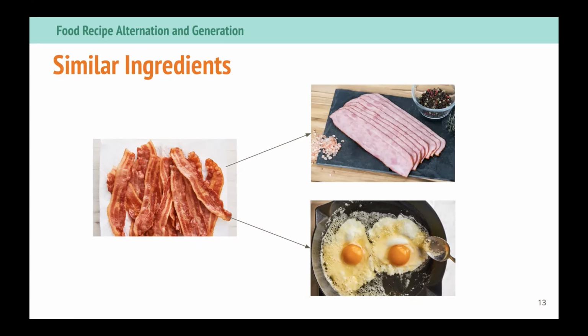In other words, words in the same context neighborhood are also considered similar, but they might not be good alternatives for each other. For example here, turkey bacon and eggs both have great similarity with bacon, but you can say only turkey bacon could be a reasonable substitute for it.